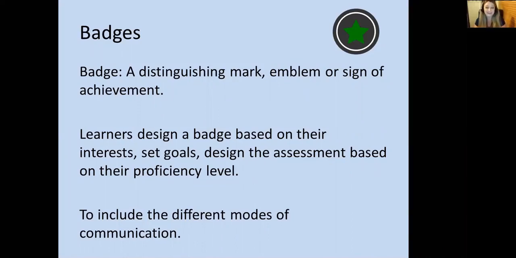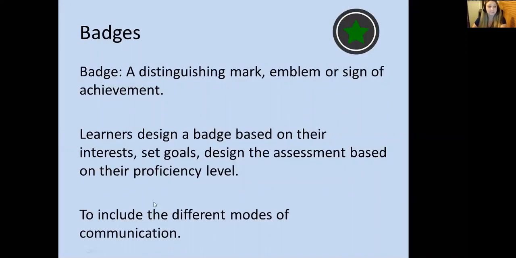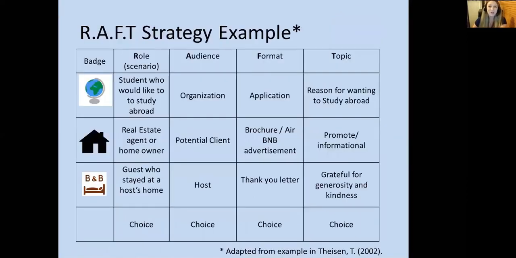They design the assessment based on their proficiency level, and again, the assessment could be using this RAFT format. Hopefully your students are starting to get as familiar as you are with the proficiency levels, and they start to own their learning and include different modes of communication. How fun would it be if a student could create their own badge, create their own assessment, include the different presentational modes, and then present that to you once they're through?